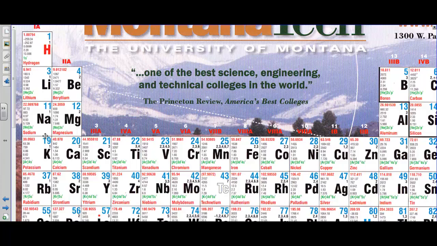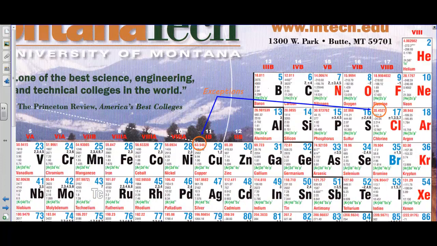This procedure of rounding to the nearest whole number works for just about every element, with a couple of exceptions that we will routinely encounter. The two most common exceptions are copper and chlorine. Copper is listed at 63.546 AMUs. The question would be, do I round that up or down?